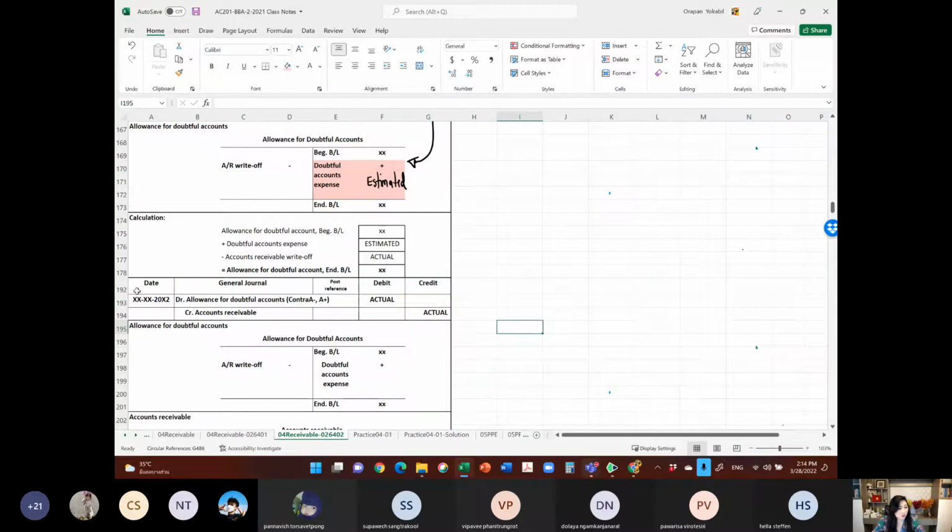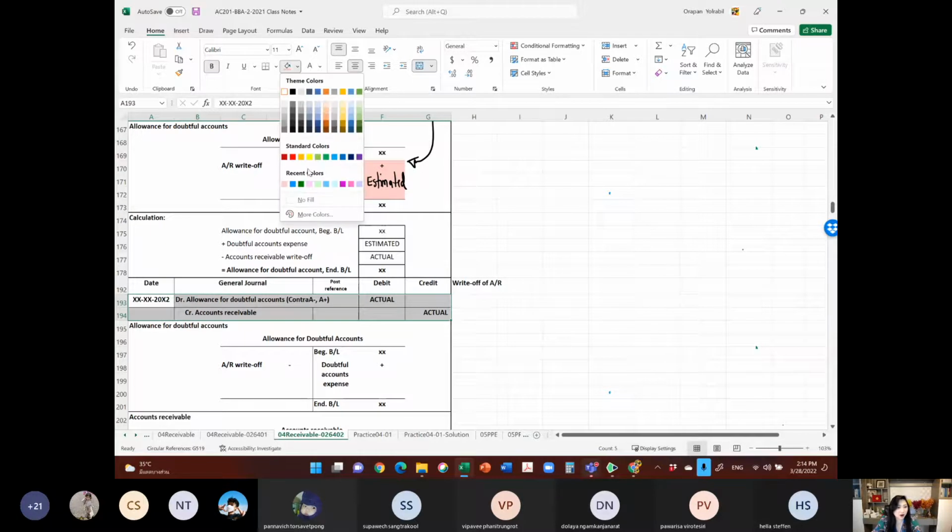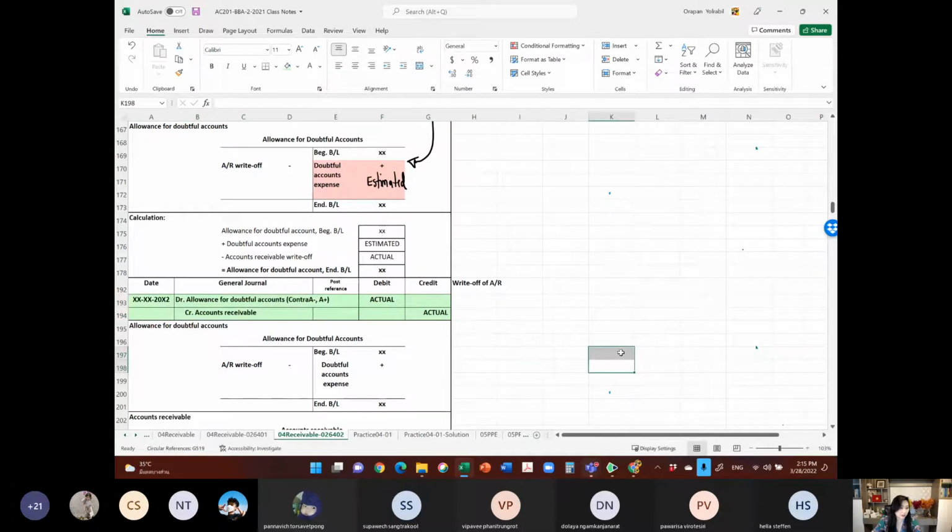So now when you record the write-off, okay, so this is the write-off. When you record the write-off of the receivable, what happens is you will have to reduce the balance of the allowance, right?